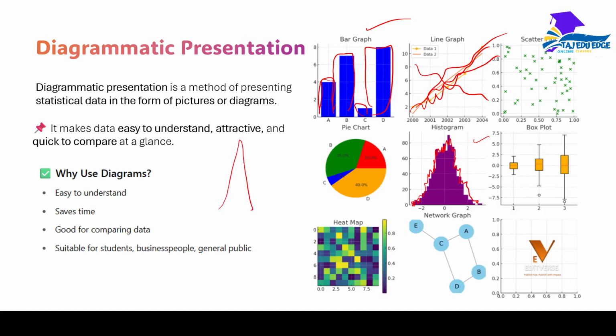If we take the performance of a particular share and use this histogram, it will help us to know how the performance of that share is, by how much it has increased, and since how long it is decreasing. Like that we will get to know. So this is what we call a histogram.